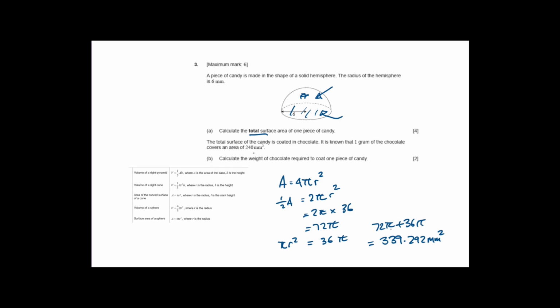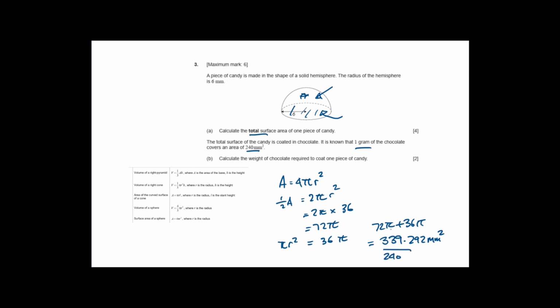Okay, next question. The total surface of candy is coated in chocolate. Okay, so all of that. It is known that 1 gram of chocolate covers 440 millimeters squared. Calculate the weight of the chocolate required to coat one piece of candy. Okay, well, it's going to be that divided by 240.